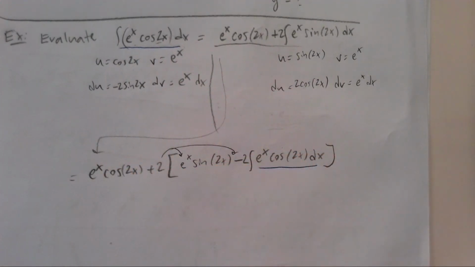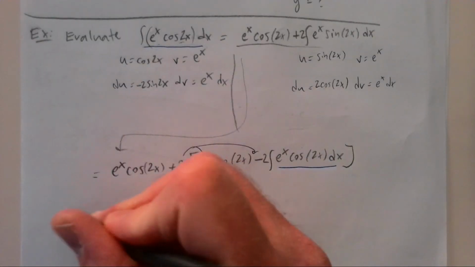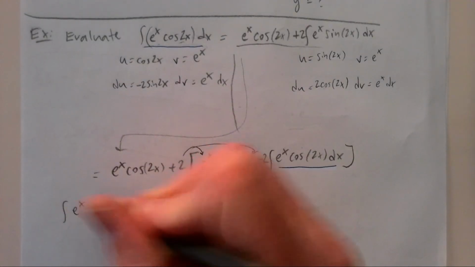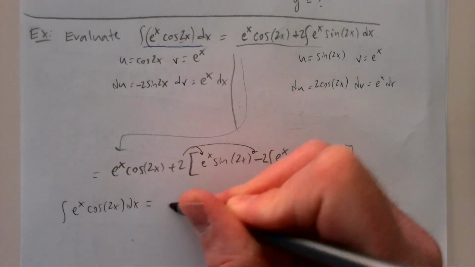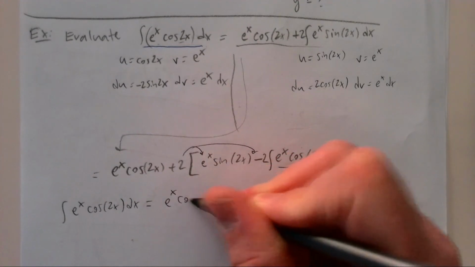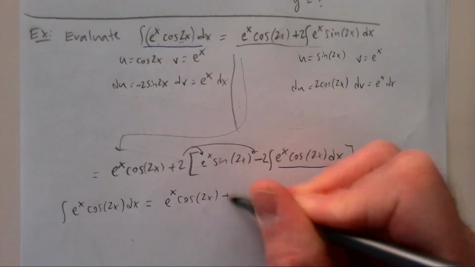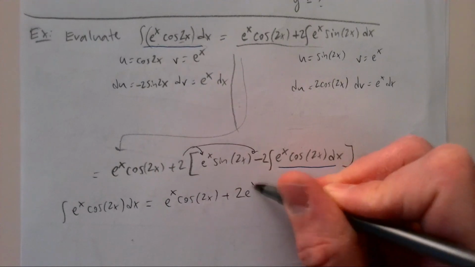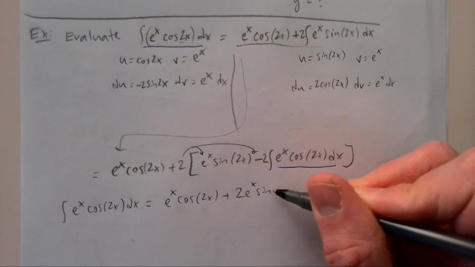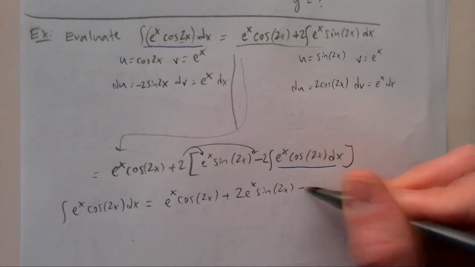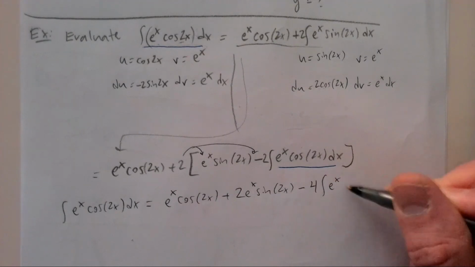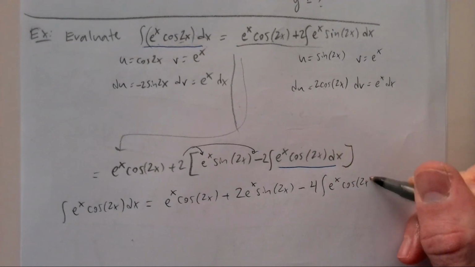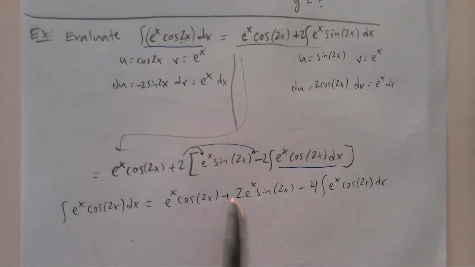So the transitive property from geometry says the integral e to the x cosine of 2x dx equals this thing plus 2 times this minus 4 times this integral. All I did was distribute that 2 in, and I set my equation up.